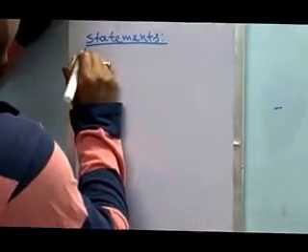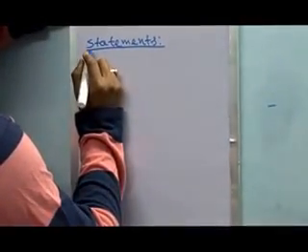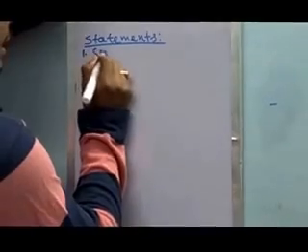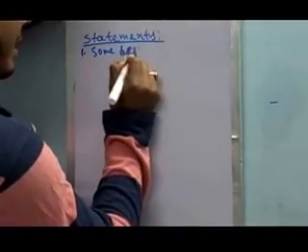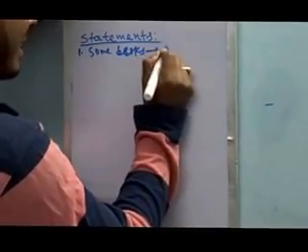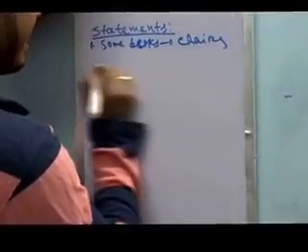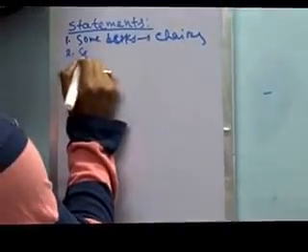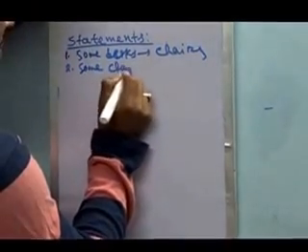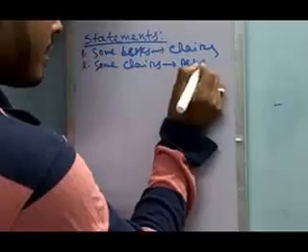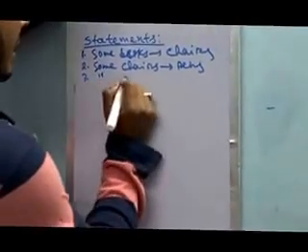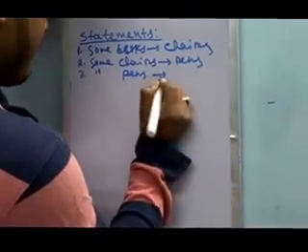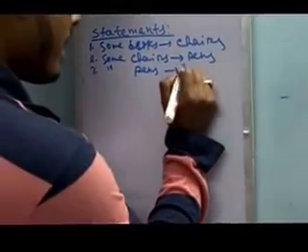Statement 1 tells us some desks are chairs. Statement 2 tells us some chairs are pens. Statement 3 tells us some pens are drawers.